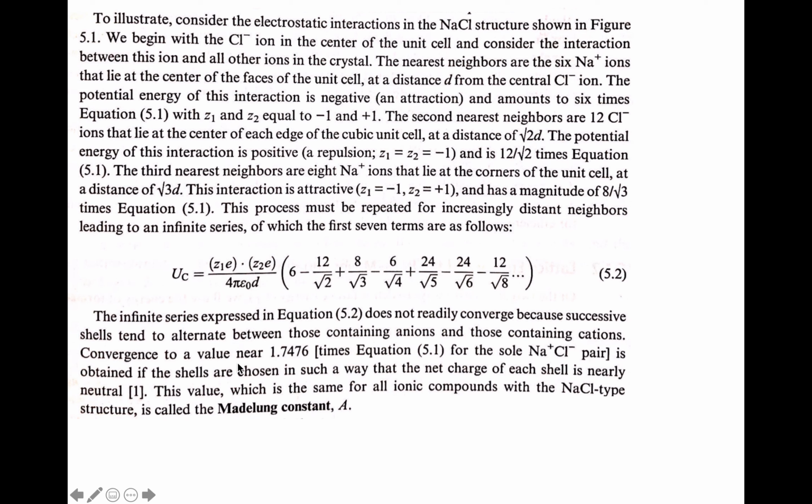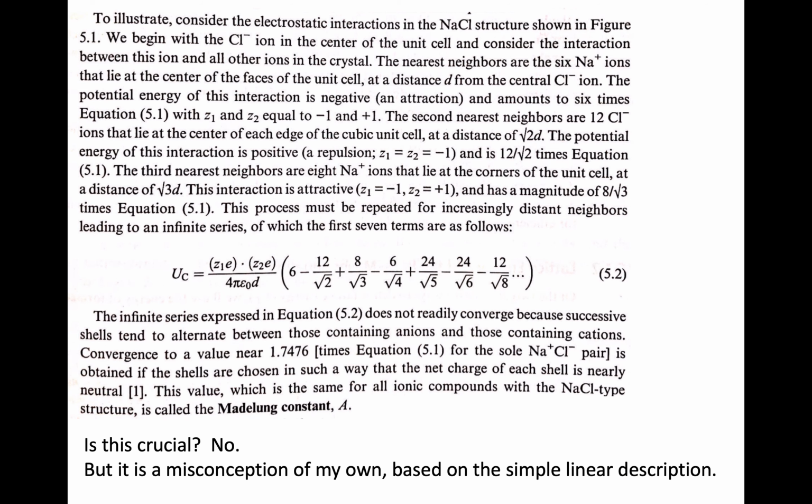Sure enough, if you construct your spheres, if you make it so as you move further out, you're not looking simply at the distance, but you're also trying to make them neutral clusters as you move out. That's how you can make it so the math works and it converges.